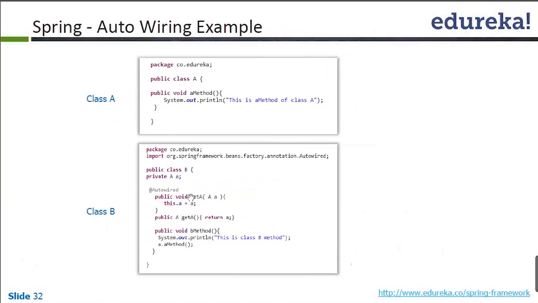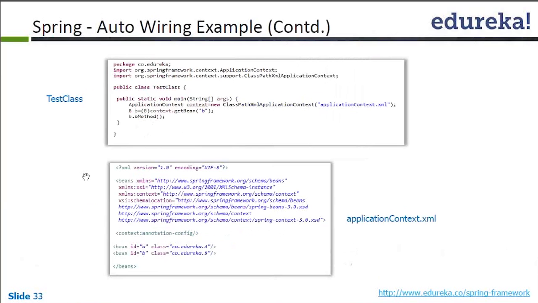Then it will understand from the configuration file, check for that type A and wire that here in this setter method. That's it. This is again what we achieved using autowire equal to byType. We are achieving the same by using annotations. So that part I am not writing here because I had written an annotation for the same.